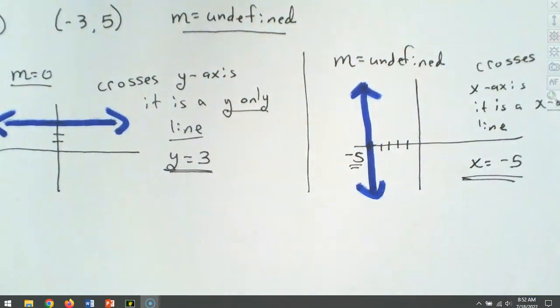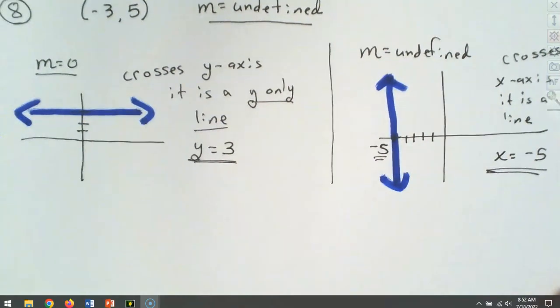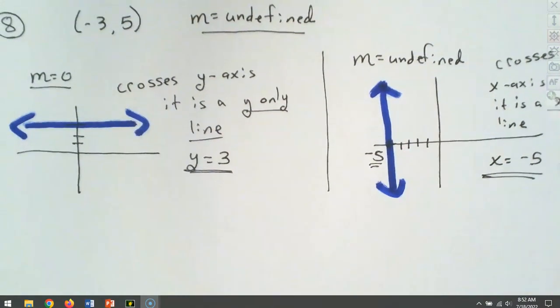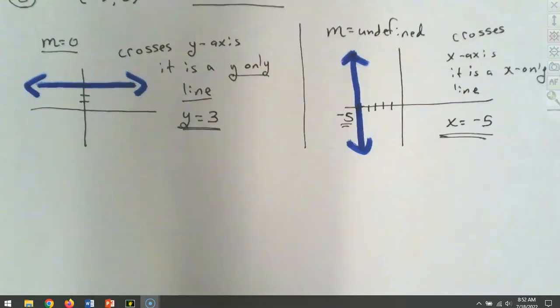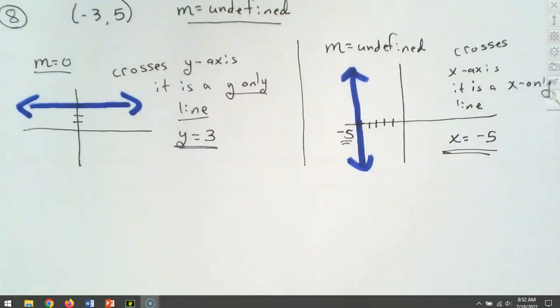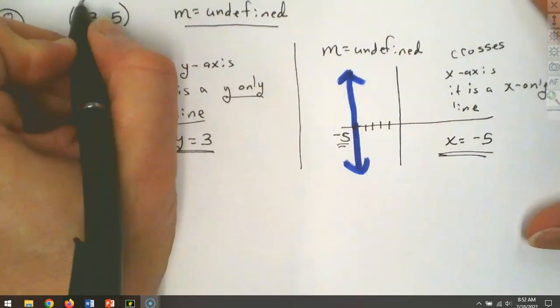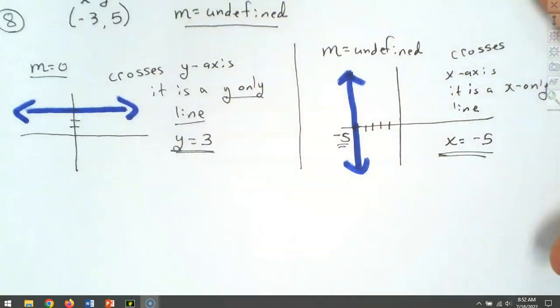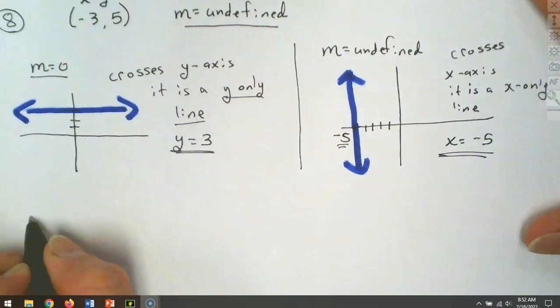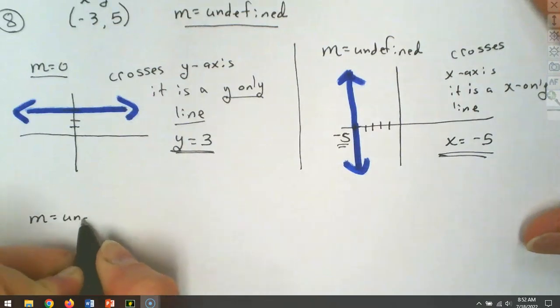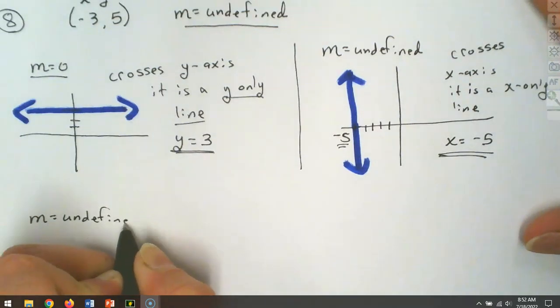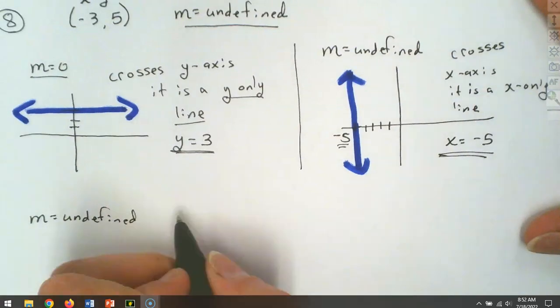Now, what we're going to be doing on this one is we know we have an undefined slope, and it has to go through this ordered pair. When we look at this ordered pair, it's labeled xy. Since my slope is undefined, this tells me it's going to be an x line.